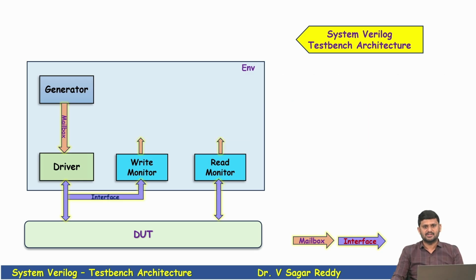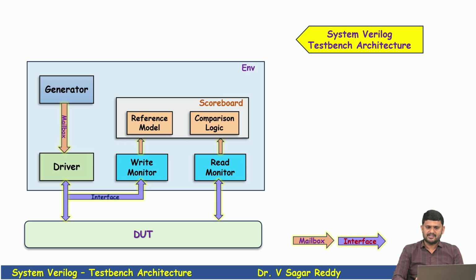And coming to the scoreboard, here we have the reference model as well as the comparison logic. It is the most intelligent component in the entire test bench. Look at this slide: the scoreboard contains two internal blocks, the reference model and the comparison logic. Let's understand each one. The reference model is a software model of your DUT's expected behavior.